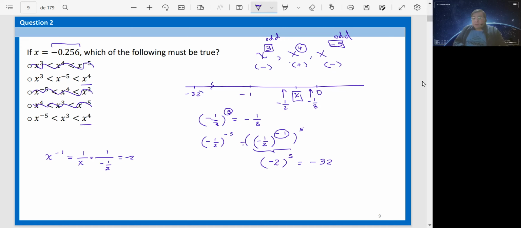The power with the negative 5 exponent will always be much lower, much less than the power x to the 3, which is over here, far to the right. So the correct answer choice would be option E.